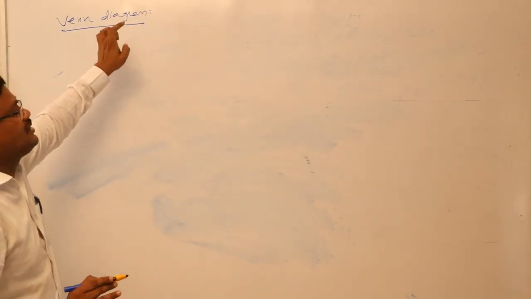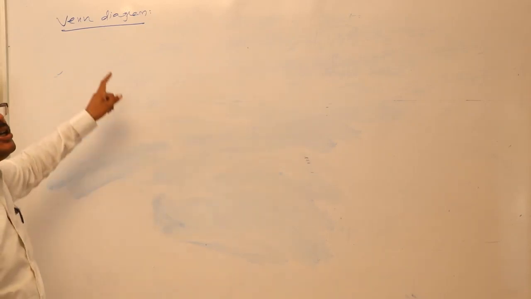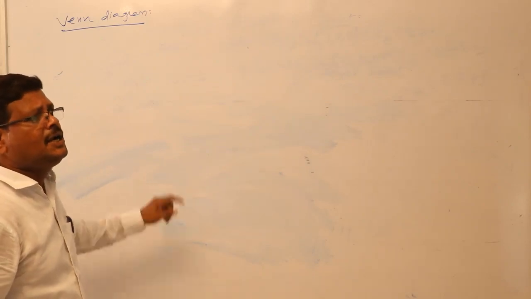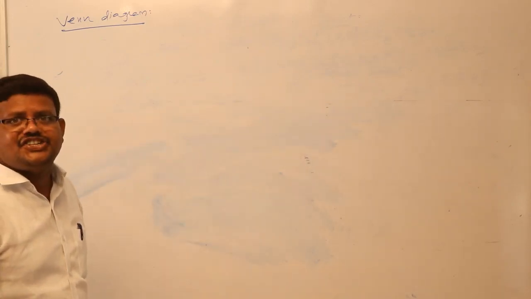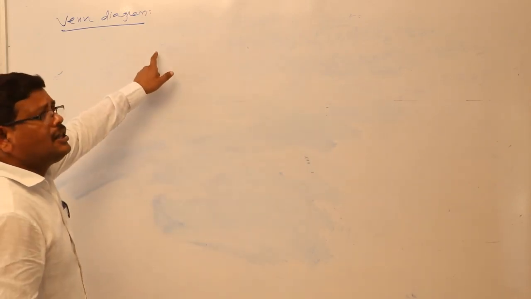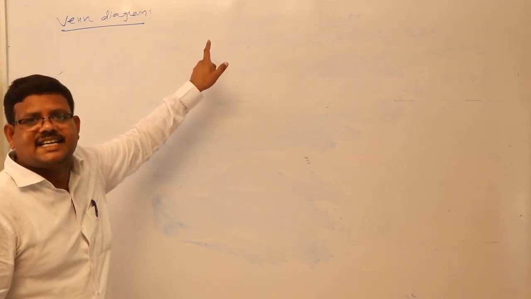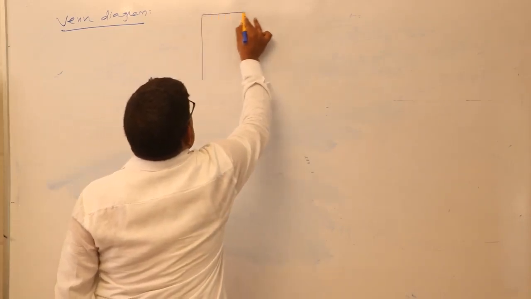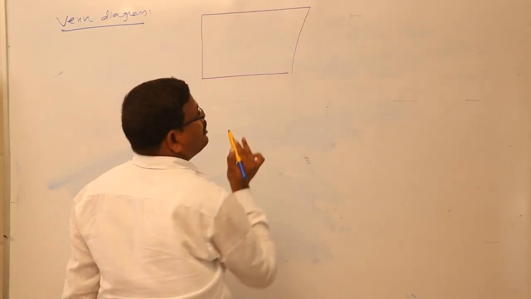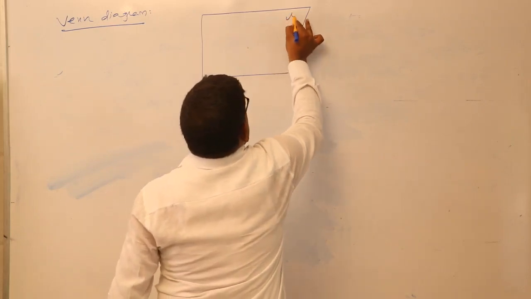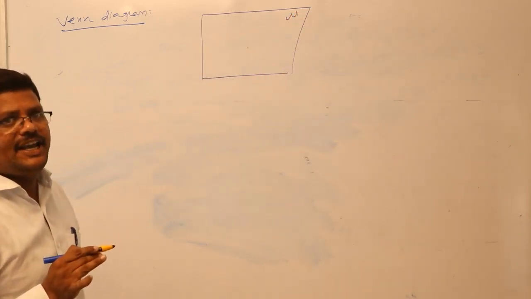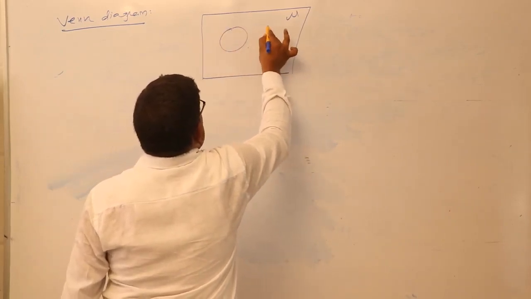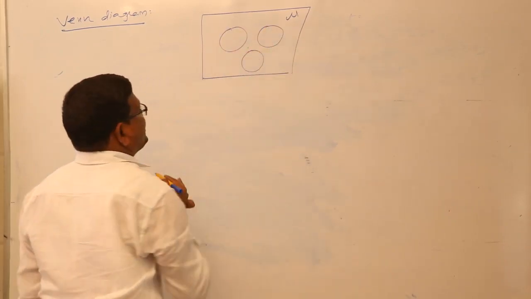That is called a Venn diagram. Generally, in Venn diagrams, the universal set is represented with a rectangular region, and all the sets are represented with circles.